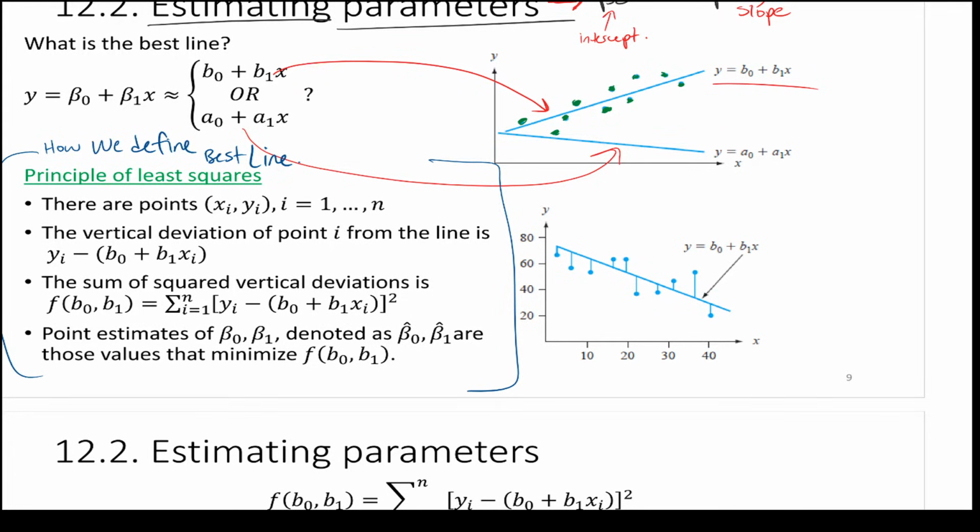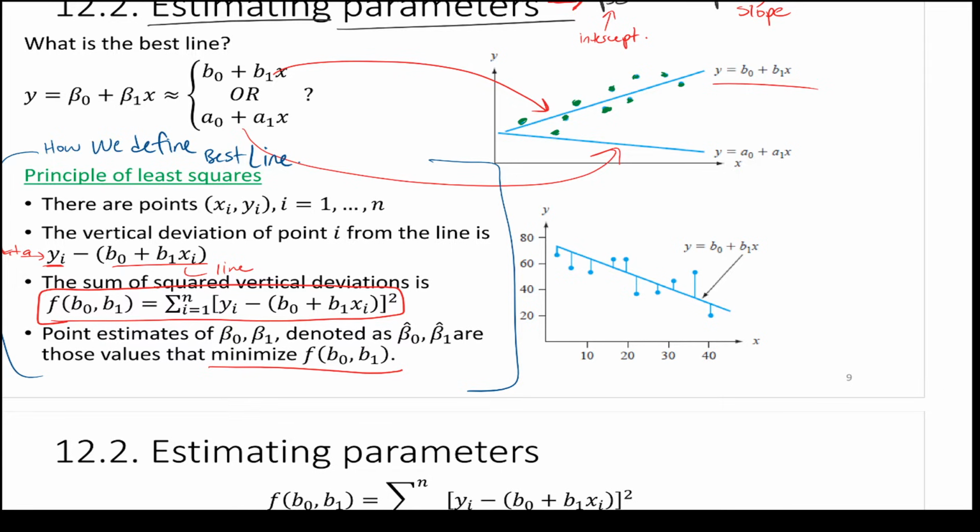Okay, so here's the line, and here's the data, and here's the line, and then I want to square that difference and add them all together, and I get this function right here. So this is the function that we want to minimize. So we want to minimize f of b0, b1.